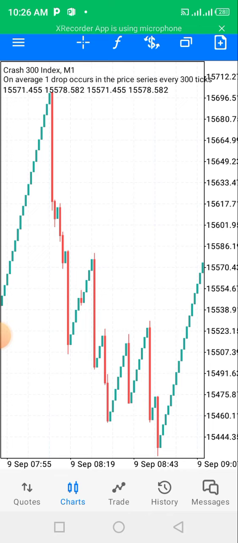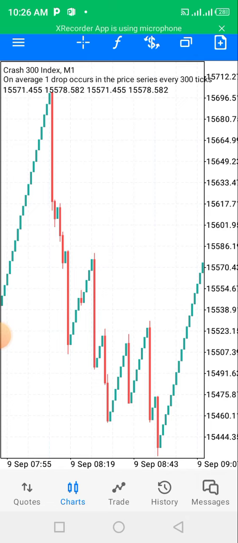Before you do that, you have to be sure first, because the market structure is very, very important. This is crash and you're trying to catch spikes.